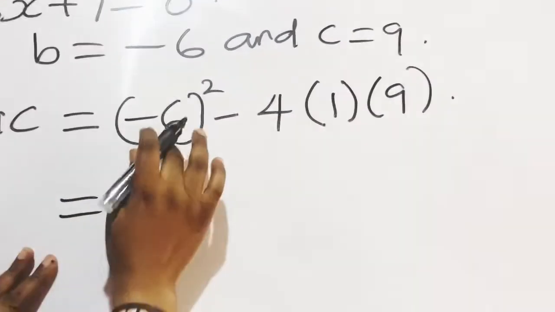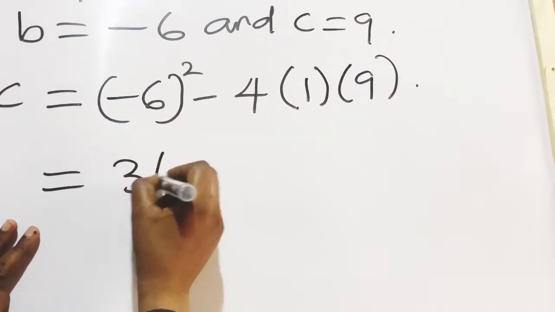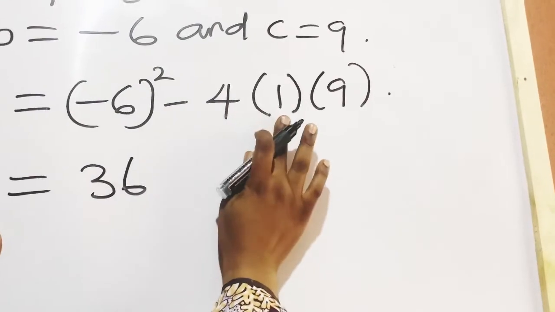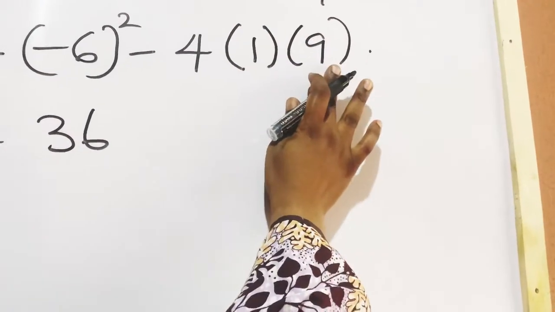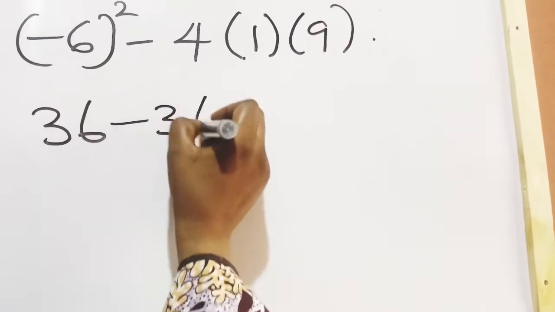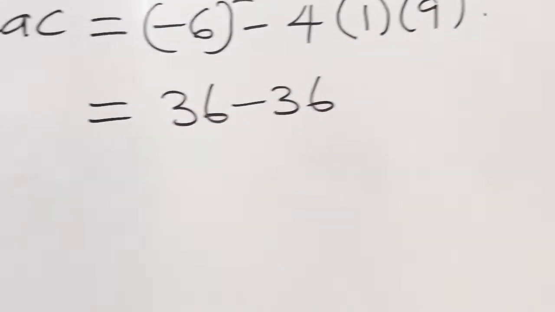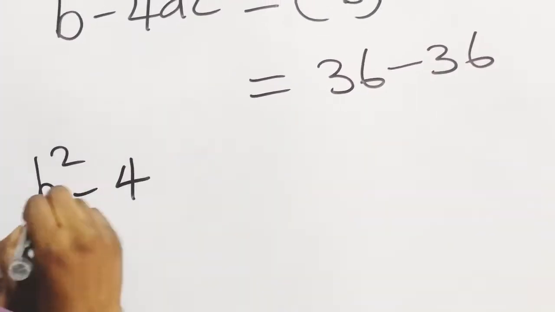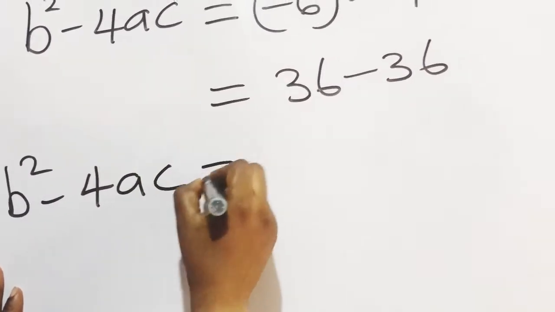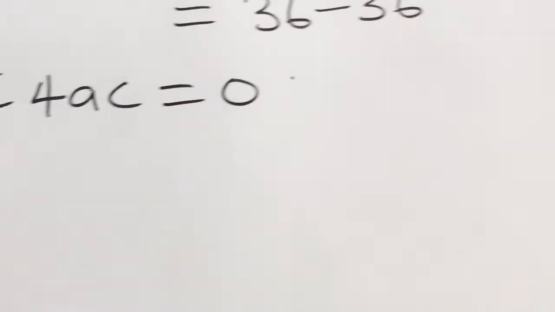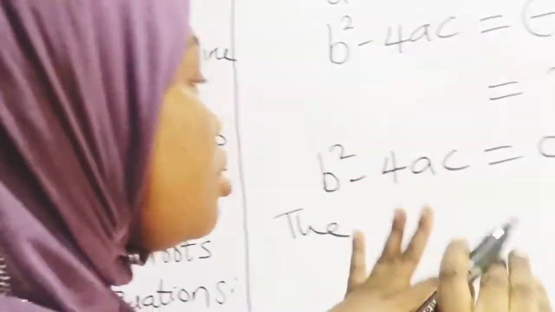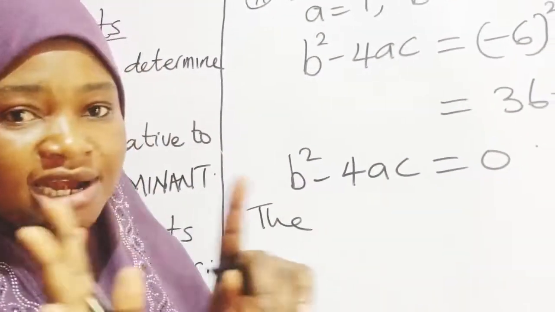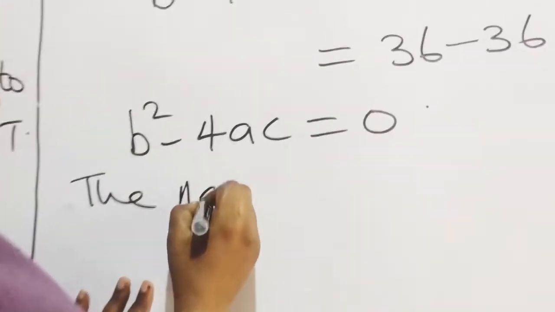So minus 6 squared is 36, then minus 4 multiplied by 9 is minus 36. 36 minus 36 means the discriminant b squared minus 4ac is equal to 0. So the nature of roots when the discriminant is equal to 0 is that the roots are going to be real and equal.